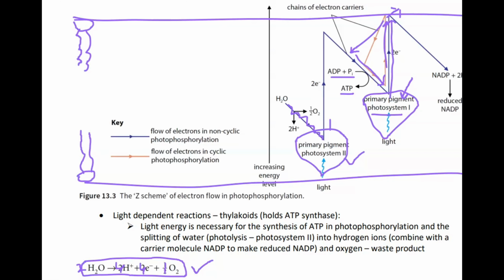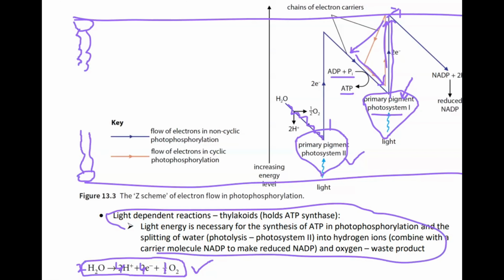In the other case, they can escape out. So if we as a whole look at this light dependent reaction, which holds the ATP synthase, through which chemiosmosis occurs by passing of hydrogen ions, ATP is being generated here.